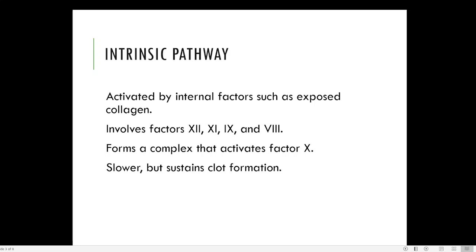Here you can see that it is a slower process compared with the extrinsic pathway because there is no loss of blood here. Only a clot is formed inside our body. So the body doesn't need to act very fast. On the other hand, if there is some injury or cut in your finger or any part of your skin, the body has to work immediately. Otherwise, there will be loss of blood from your body.